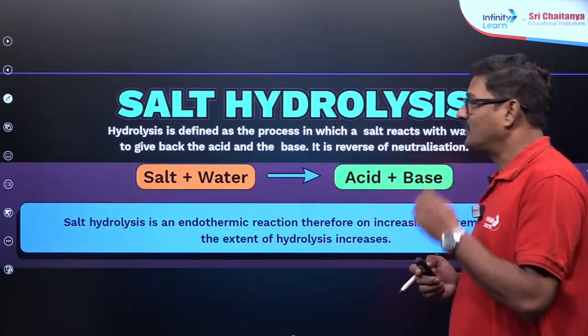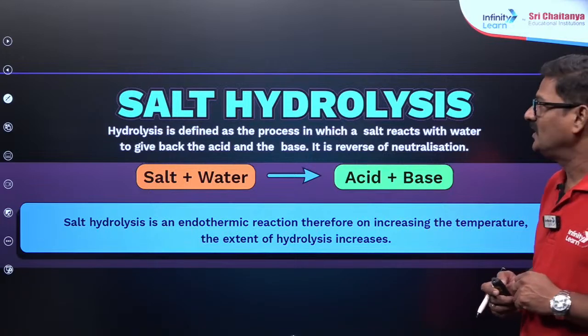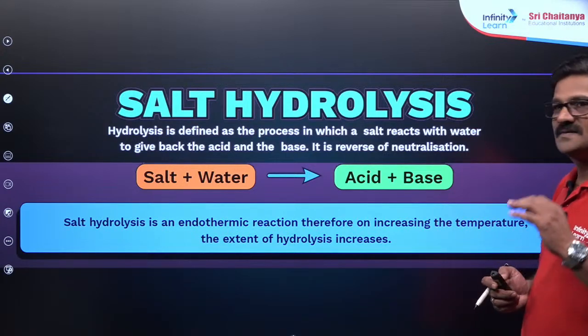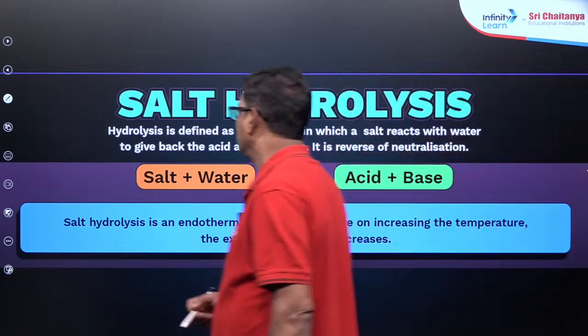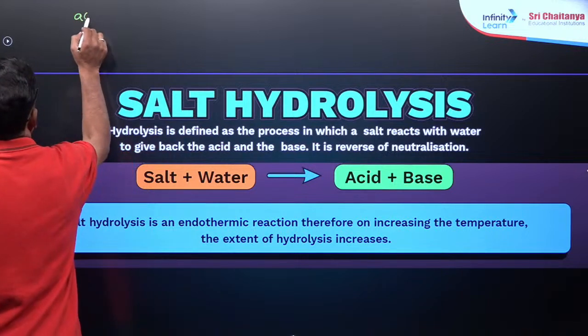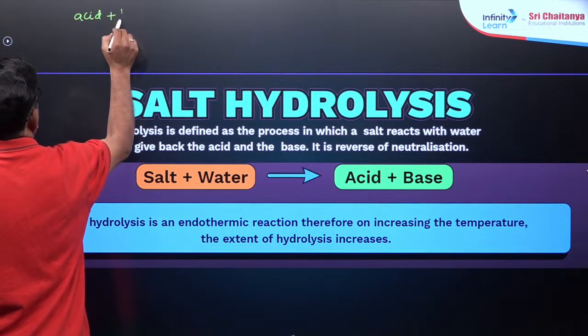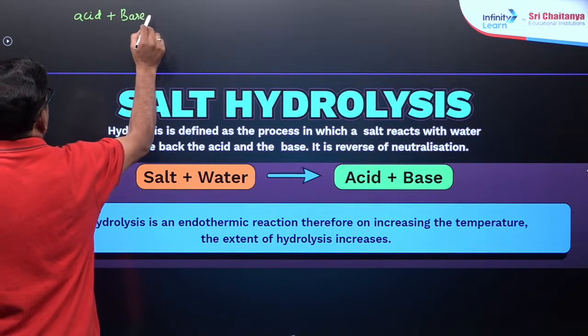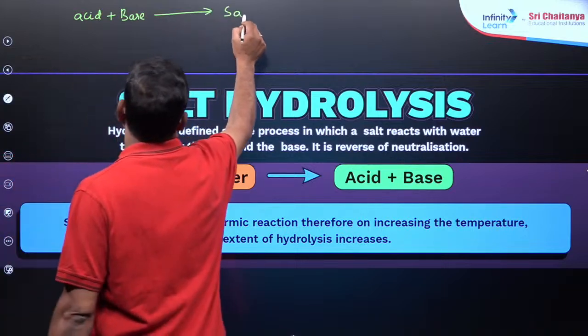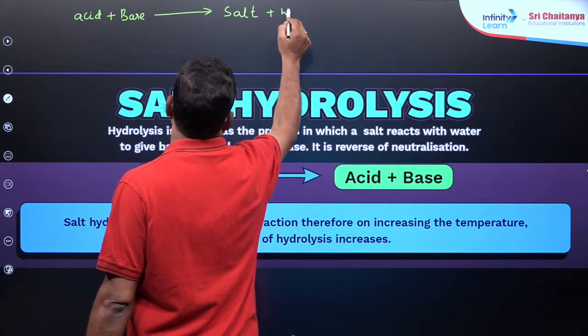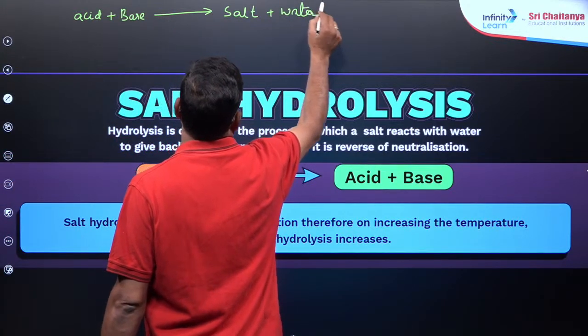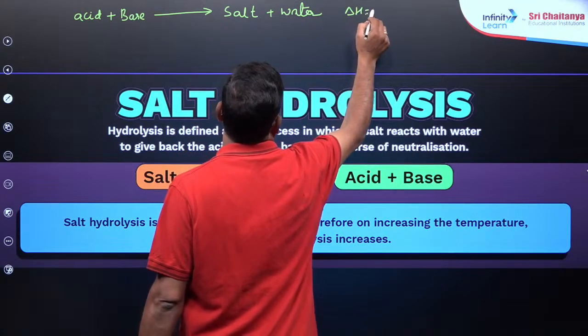And talking about salt hydrolysis, children, the salt hydrolysis. When acid plus base gives rise to salt plus water, delta H is going to be negative.